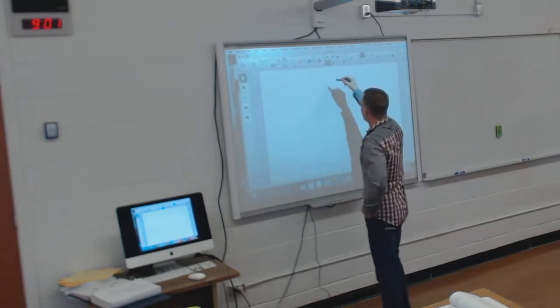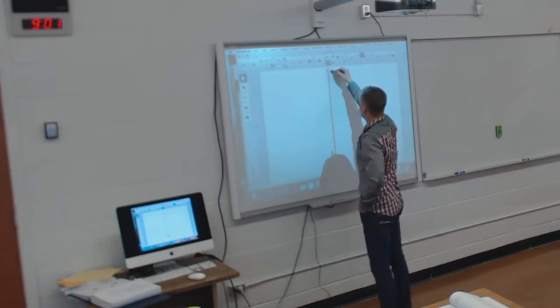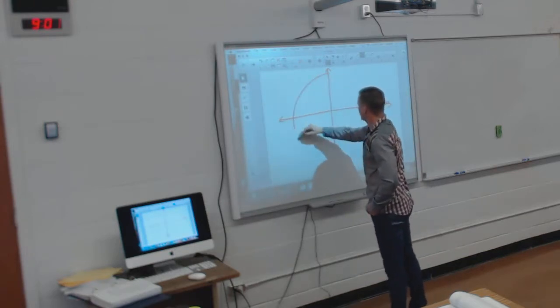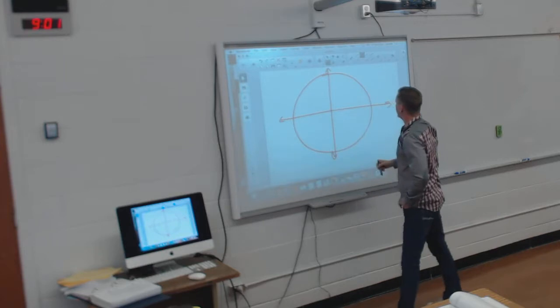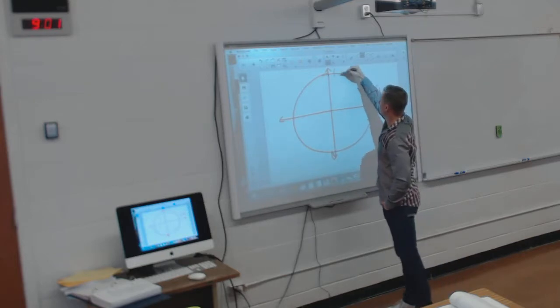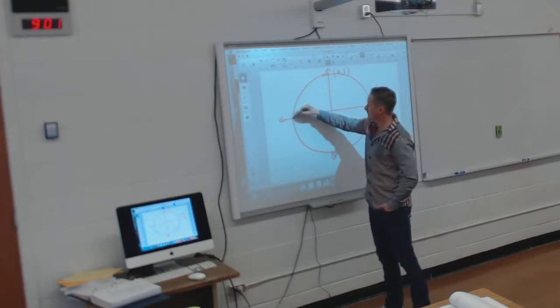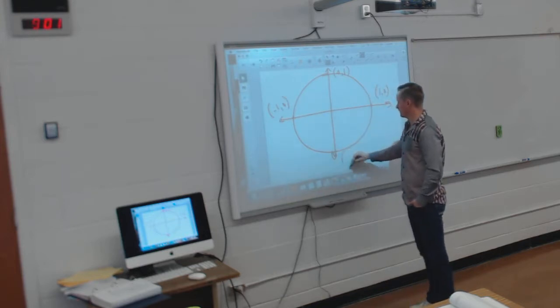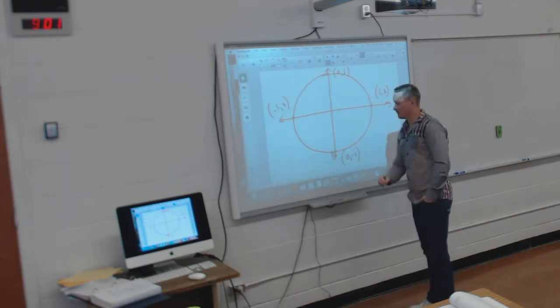All right, so again, it was called the unit circle because the radius was 1, right? So this coordinate here was 1, 0, 0, 1, negative 1, 0, right? And 0, negative 1. Okay?